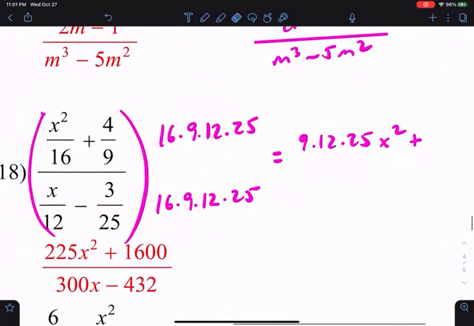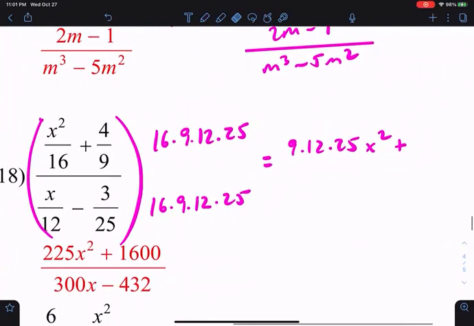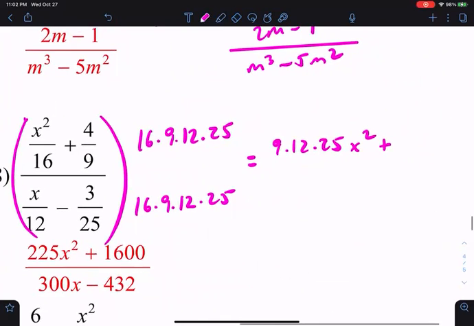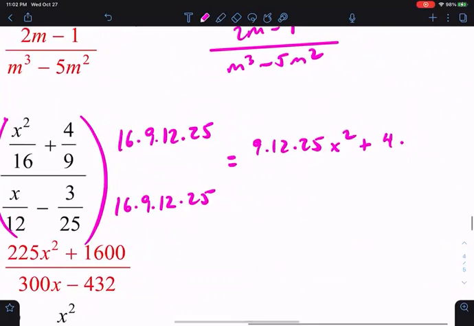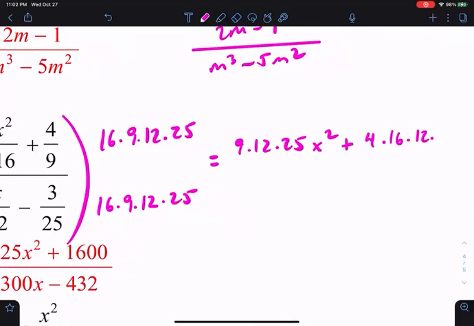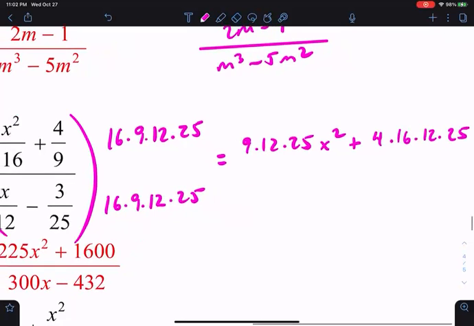Okay, so I was saying that the first fraction simplifies into this number, whatever this number is, times x squared. And then you divide this by this 9, and you get 4 times 16 times 12 times 25. I'm sorry, 25, right? And that's it.